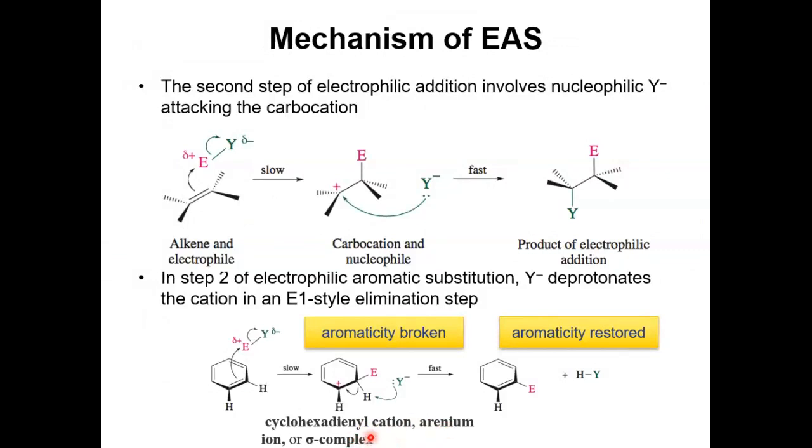You can use whichever way to call it, but because I need to verbally deliver it, I will always call it sigma complex. So when I mention sigma complex, you better know I'm talking about that intermediate. So why is it called sigma complex historically? Basically, the pi bond becomes a sigma bond, so it's called sigma complex.